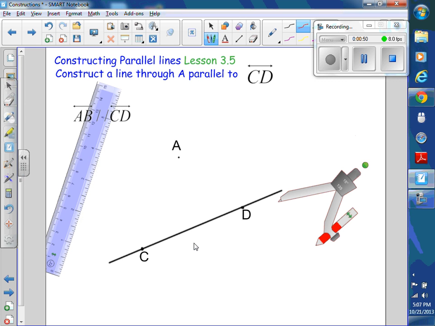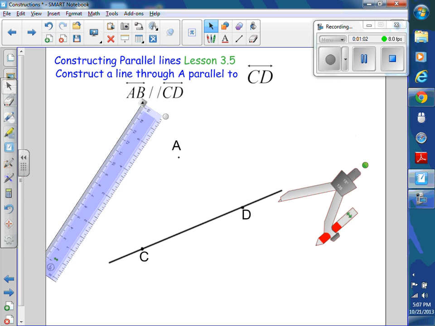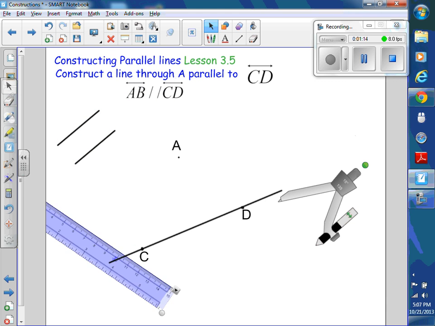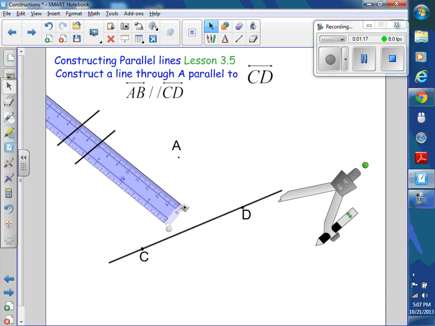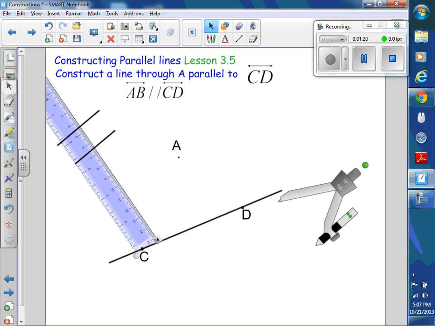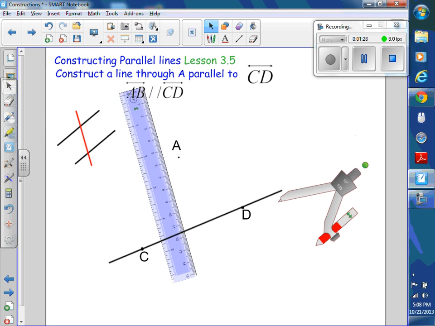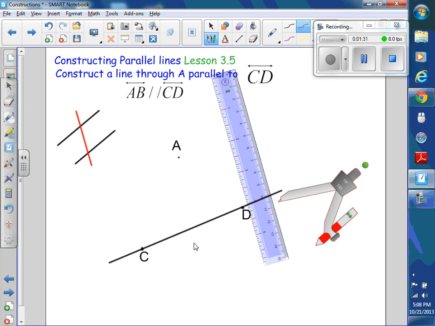One thing you know with parallel lines, if I just drew a quick sketch of parallel lines, then whenever you have a transversal through the parallel lines, you end up with congruent corresponding angles.